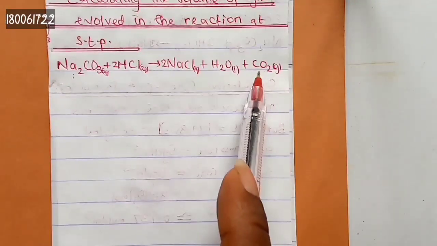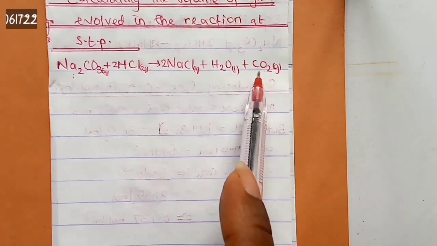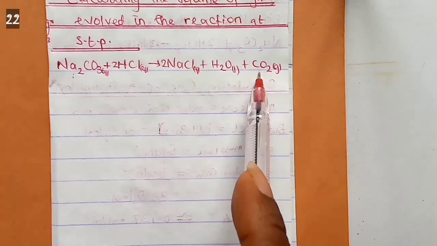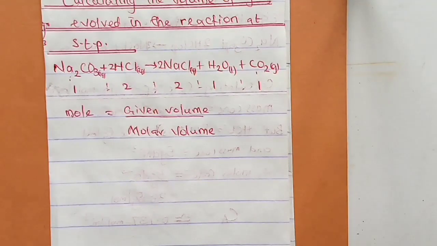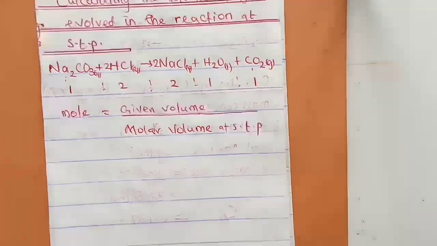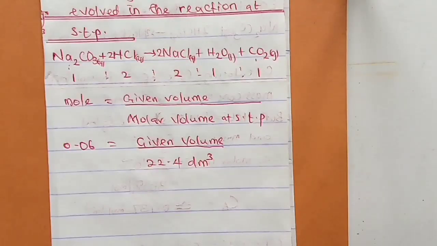Since they asked us to find the volume, we go with mole is given mass over molar mass, or given volume over molar volume. The molar volume of all gases at STP is 22.4 dm cubed. Therefore, this given volume can also be said to be the evolved volume. Here we make the given volume, which is the same thing as the evolved volume, the subject of the formula. From our calculation, the answer is.